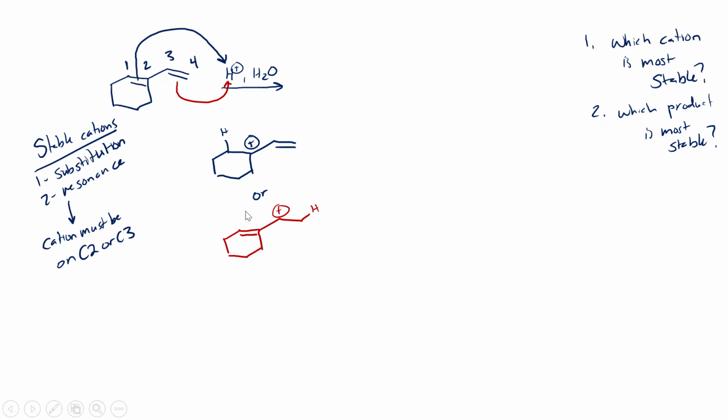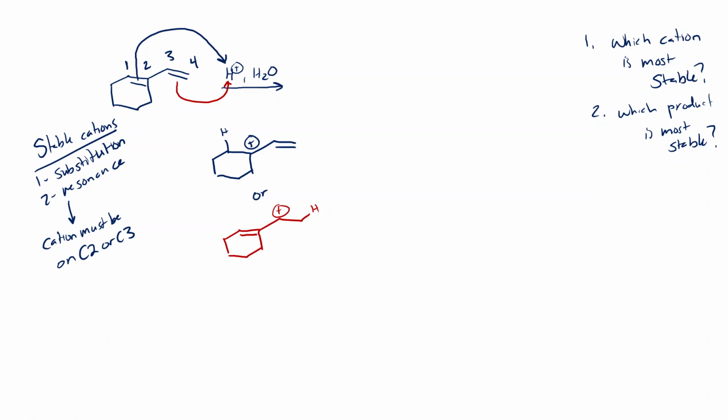So both of these are resonance stabilized. The question is, which of these two is more stable? For that, we turn to substitution. Now, this will always be true. We always want to put the cation on the internal carbons of our conjugated system, carbons 2 and 3, because that's the only way that we can have resonance.